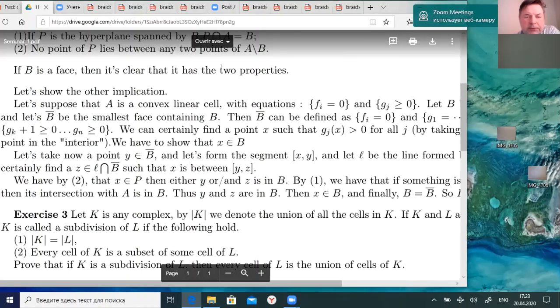So in some sense it is the same as the second, you try to find a point in the interior, right? But by the data it's not possible, because we take out the face from it.